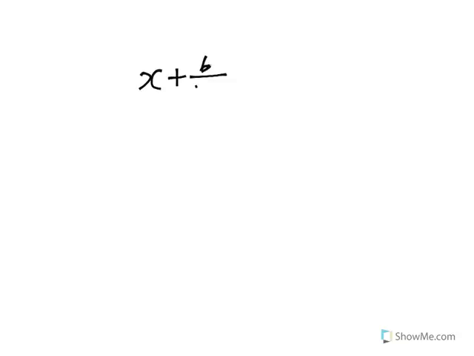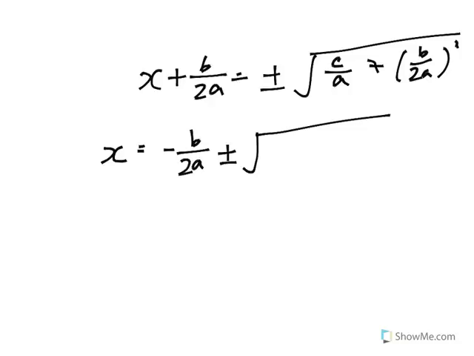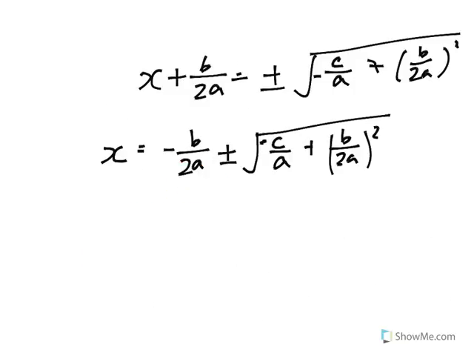So x plus b over 2a is plus minus square root of c over a plus bracket b over 2a squared. And x equals negative b over 2a plus minus square root of negative c over a plus b over 2a squared. Oh sorry, I forgot the negative sign here.